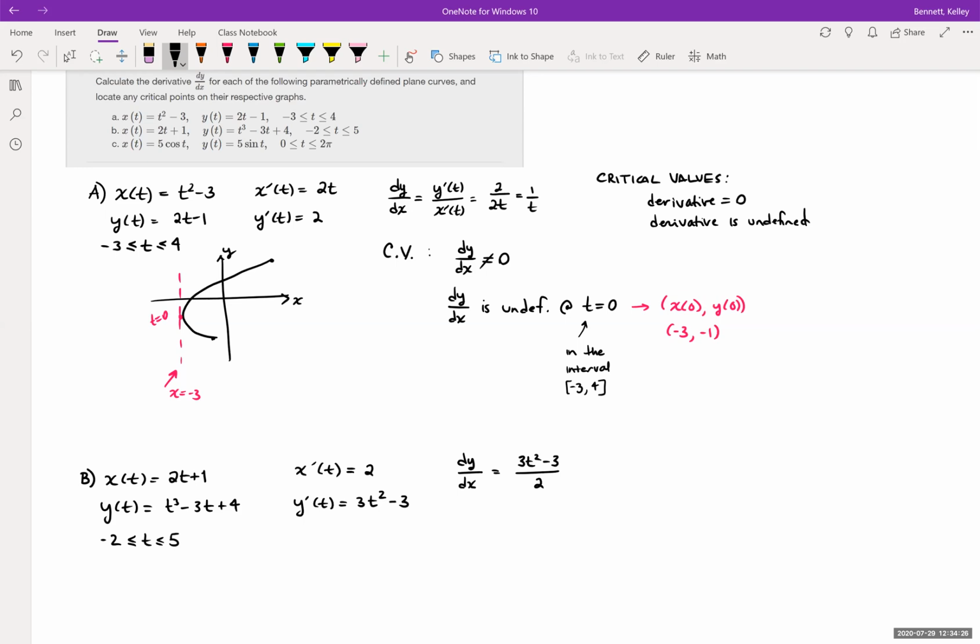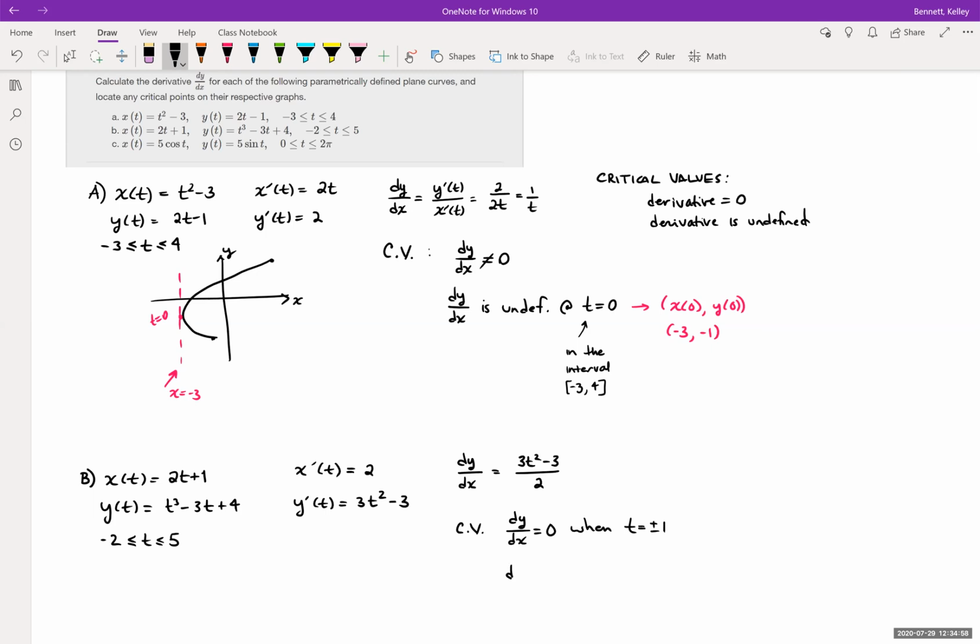Okay, so our critical values. When I have a fraction and I'm saying this fraction is equal to 0, the only thing that can make that true is the numerator. So I just need to figure out when the numerator is 0. Well, when t squared is 1. So I just get that t equals plus or minus 1.